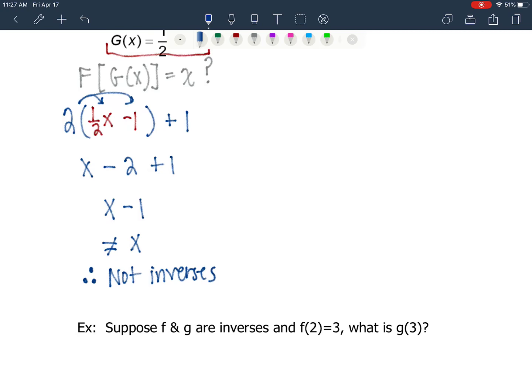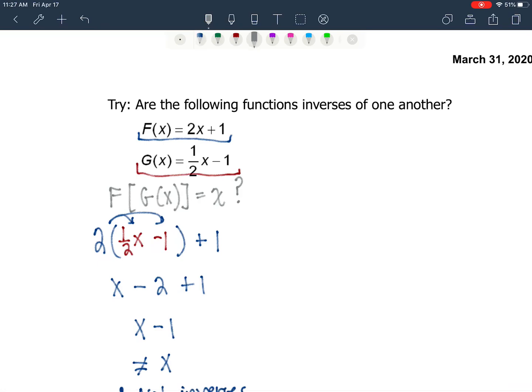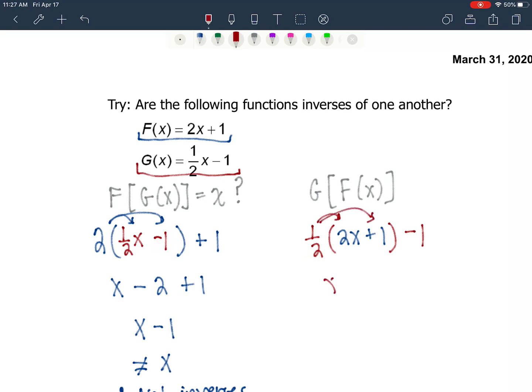Now, there's really no need to go on. However, what if you would have done it the opposite way? So let's just show our work there. If you would have put g of f of x in, you would have started with 1/2, and then you would have had parentheses minus 1, and then you would have put 2x plus 1 in the parentheses, and you would have distributed, getting x plus 1/2 minus 1, which is x minus 1/2, which is not x.